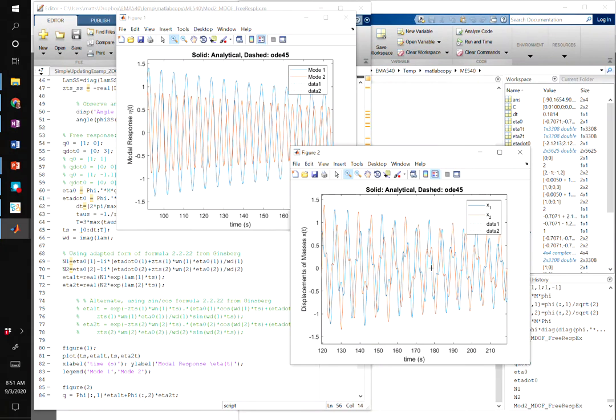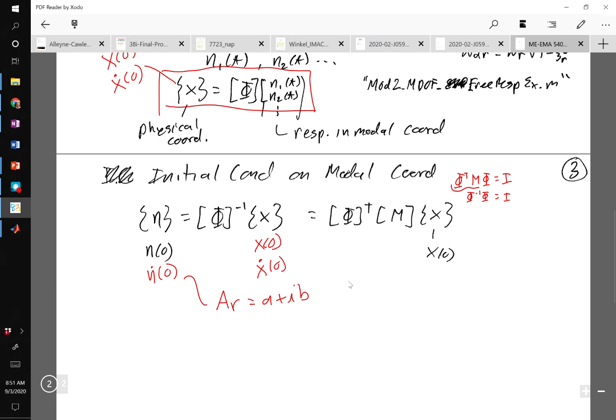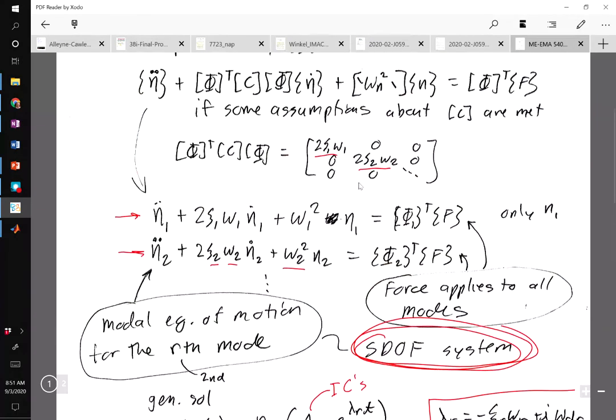Mass 1 and mass 2, moving in and out of phase, and sometimes one's moving one way, the other's moving a different way. But anyway, this complicated motion can be understood as a superposition of two 1 degree of freedom systems. So that's the key to modal analysis and the key idea here to all of this.